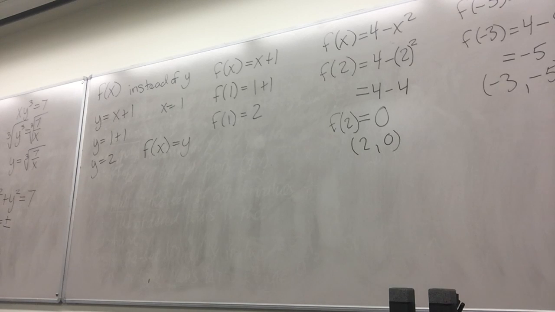So we have 4 minus, parentheses, very important again here, x plus 1 squared. And then simplify. Now we actually can, right? 4 minus, we have x plus 1 times x plus 1, since it was squared. So that means we can FOIL.